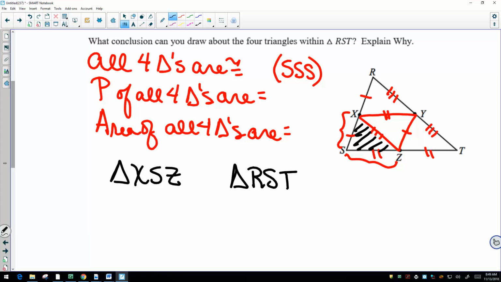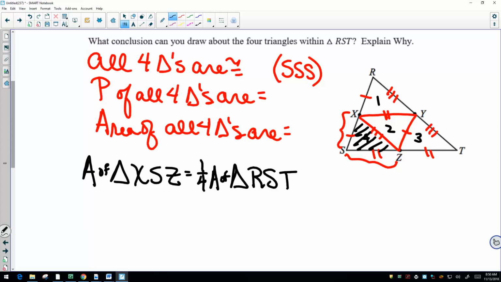As far as maybe area, the area of that little triangle is going to equal, I can say, 1/4 the area of the big triangle. How do I know that? Well, I can take 4 triangles. I can see here's 1, here's 2, here's 3, and the shaded one, there's 4. They're all the same size, so it would take 4 of those little ones to equal 1 big one.